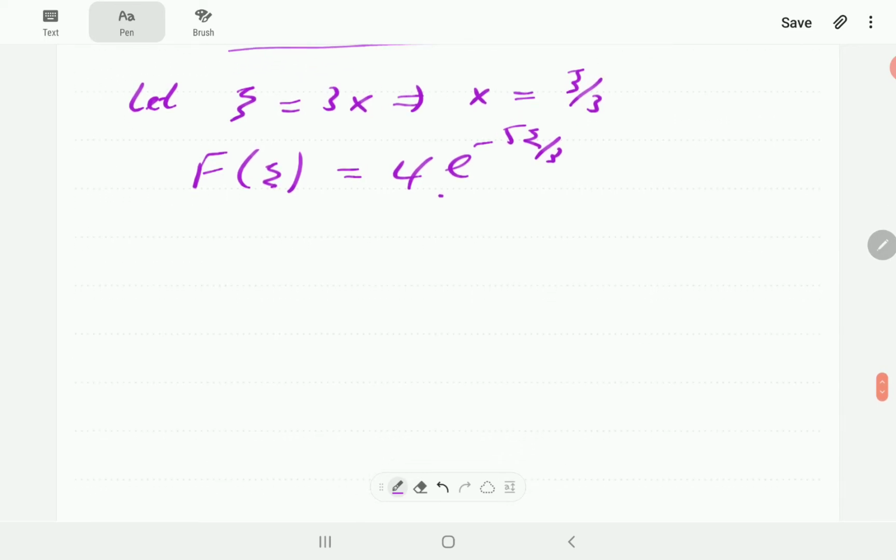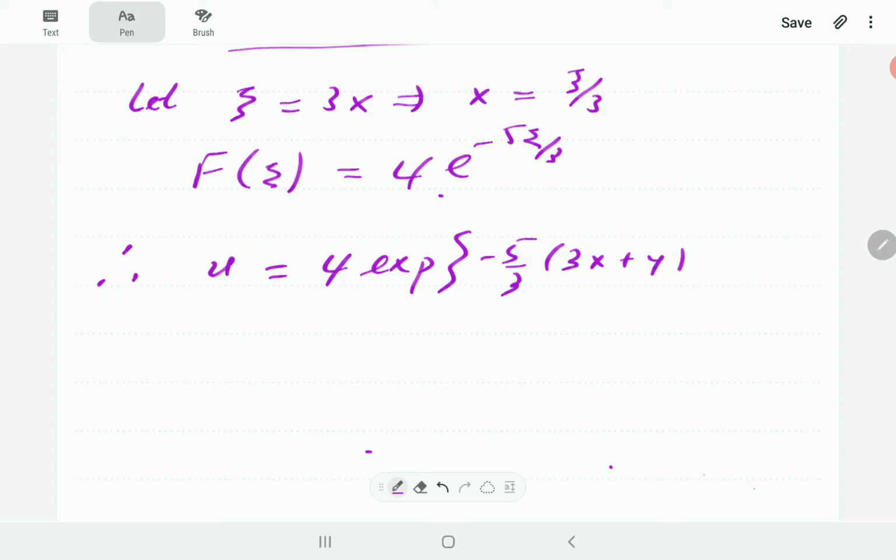Okay, so then we can write u, let me just write it like this, as 4 times the exponential of minus 5/3 times 3x plus y. Now you're going to notice that this is exactly the same solution as the one that we obtained using the method of separation of variables. All right, so that sorts that one out.